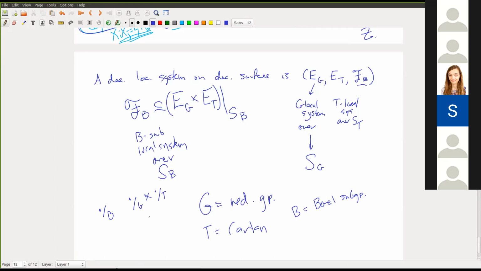This has a shifted symplectic structure, and this sitting inside here is a Lagrangian. So in this kind of stacky language.